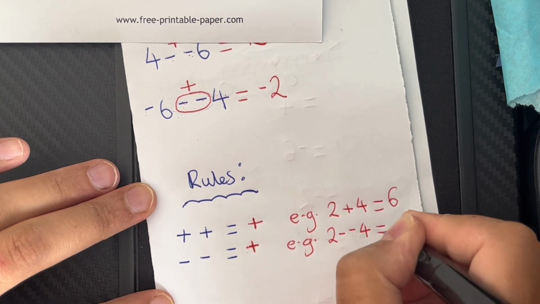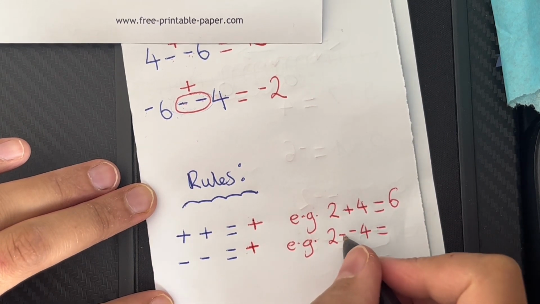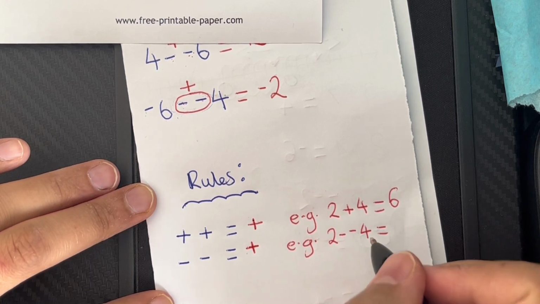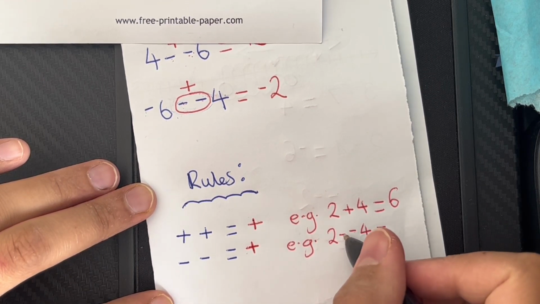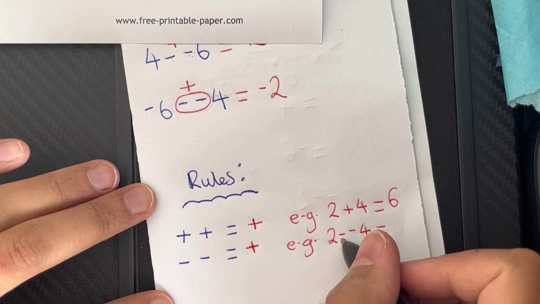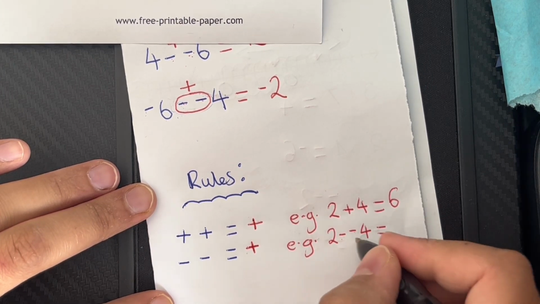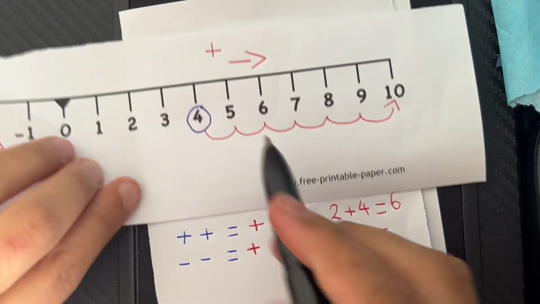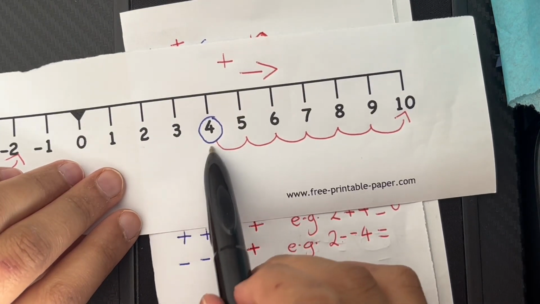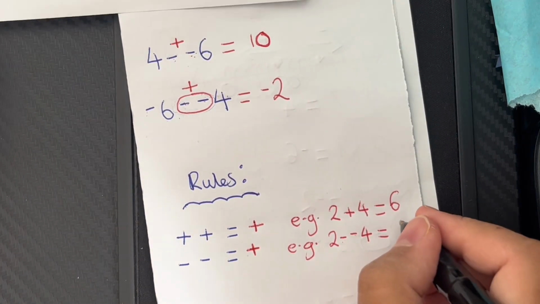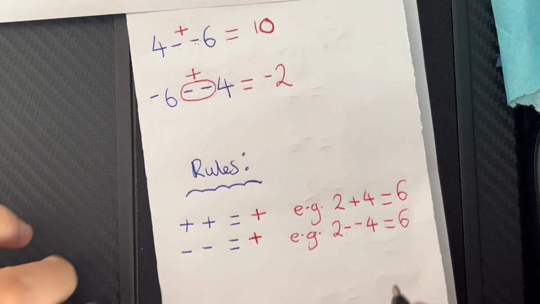We'll use the same numbers. Got 2 negatives right next to each other, and as we know that they change into a positive because this minus reverses the role of this minus over here. So it actually becomes a positive sign in the middle. So I'm going to be starting at 2 and adding 4, again. So that means it's going to land me onto 6 again, similar to the previous one.